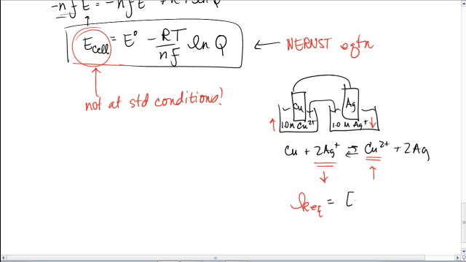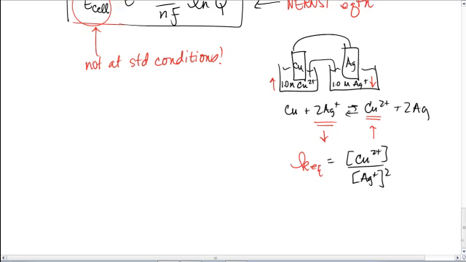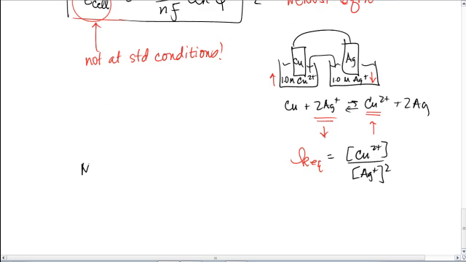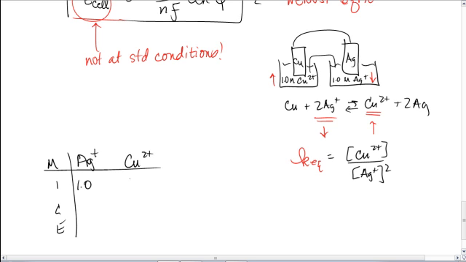The KEQ is going to be the concentration of the copper ion over the concentration of the silver ion squared. The solids don't go in. So let's write a little ICE table. And here's our silver ion that we start with, and our copper ion we start with. Let's say we start with 1 molar solutions, like we did.